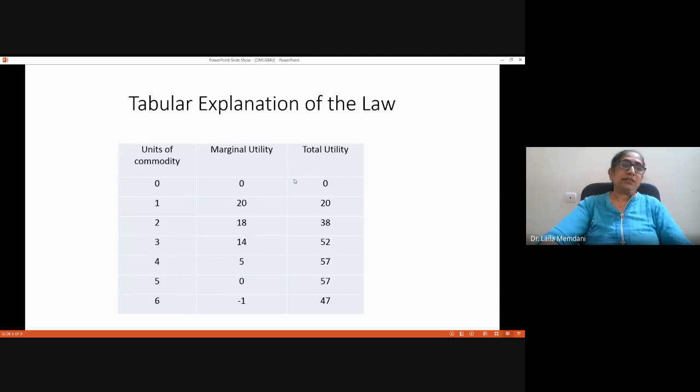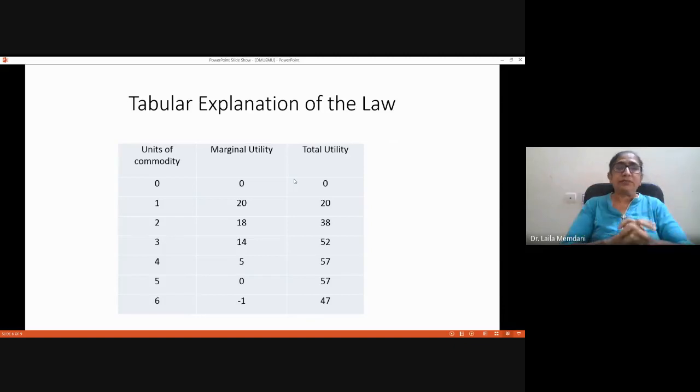If he buys the first unit, consumes it, let us say he is feeling highly satisfied, he is getting good utility, and the marginal utility is 20. Now, this number 20, you will ask where it has come from. It is an imaginary number. Instead of 20, you can take 40 also, it is your choice. Now, the total utility is 20 plus 0, so it is 20.